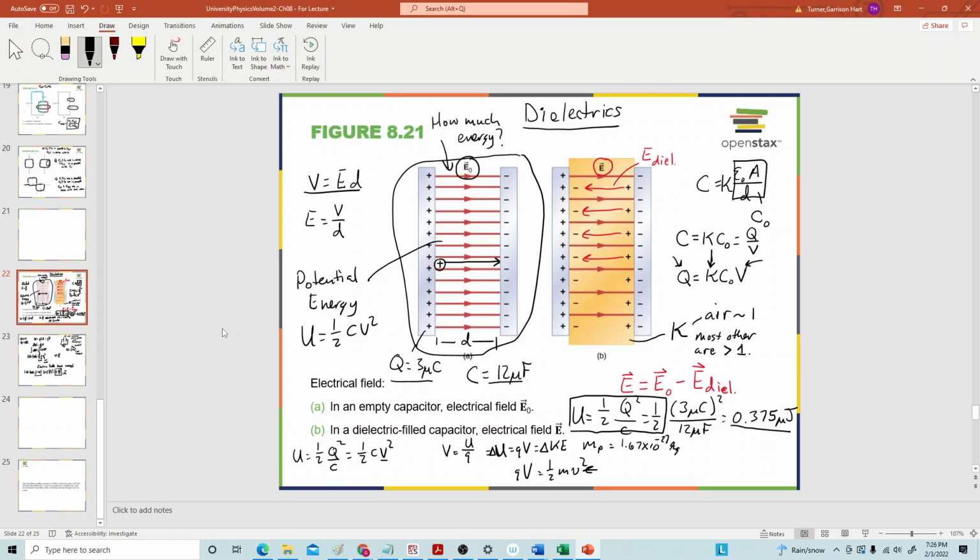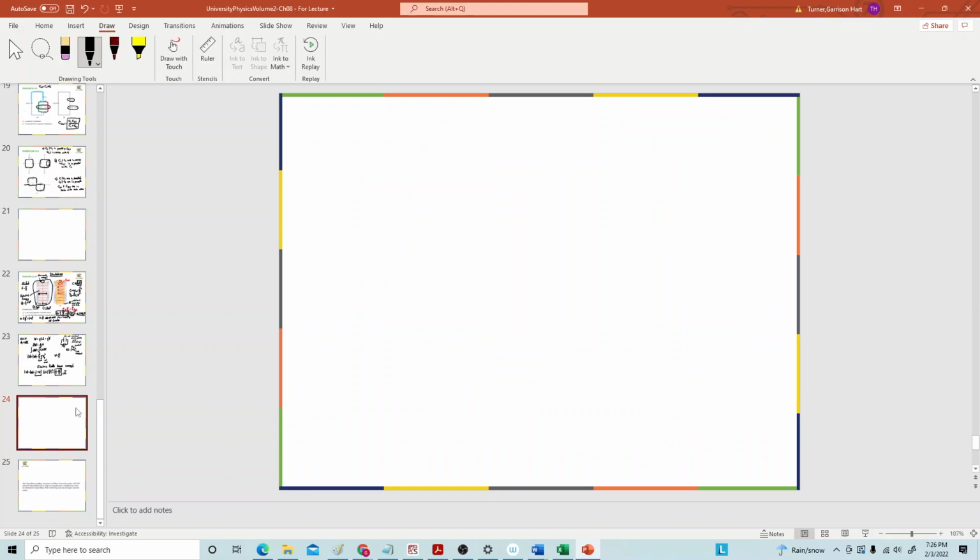The last thing to mention in relation to capacitors: the overall thing that we want to talk about is energy density. All right. So what is energy density?